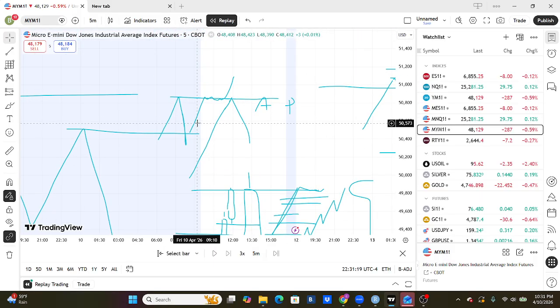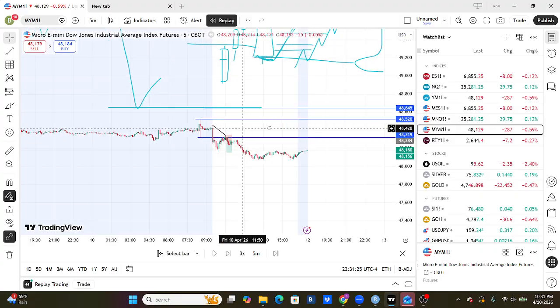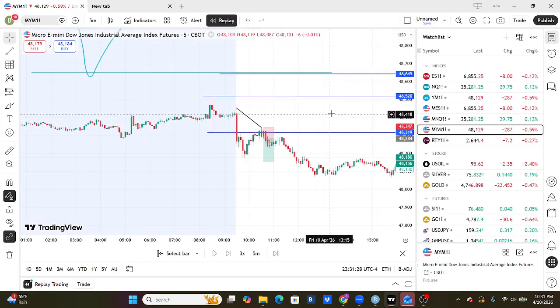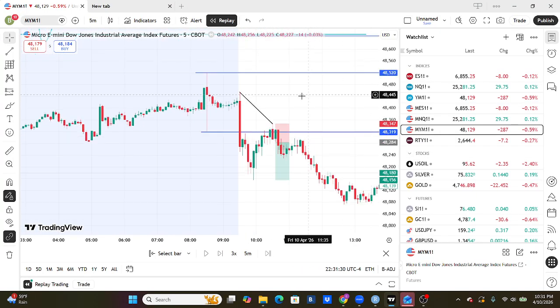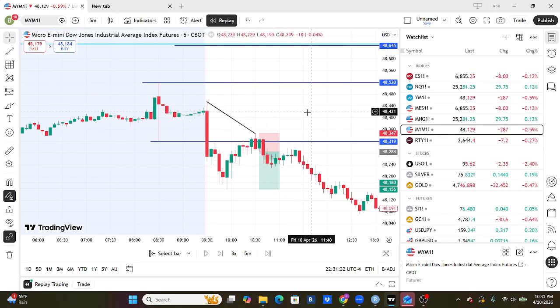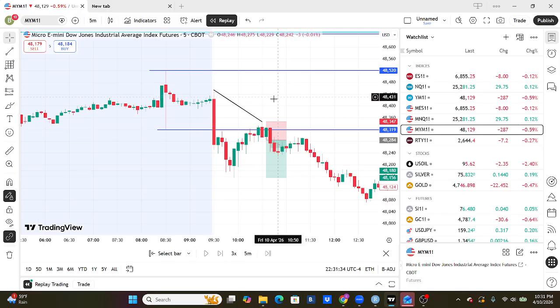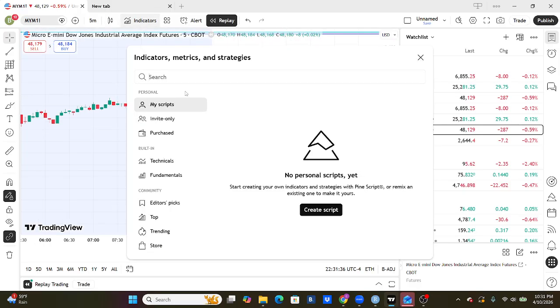So if you see sellers or buyers get absorbed, but it isn't strong enough to create a reversal. We definitely see a reaction at this low. Buyers step in for a second. I could pull up the CVD.